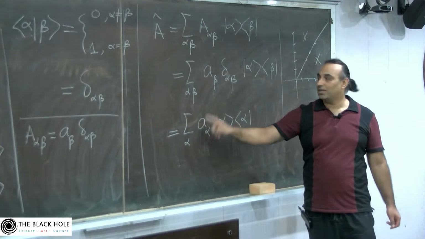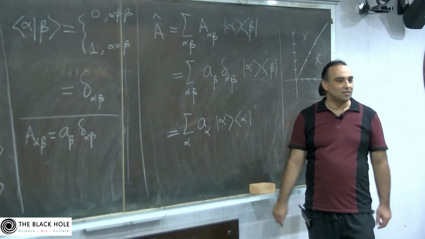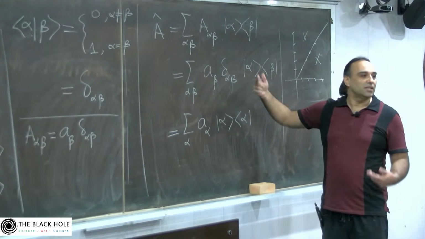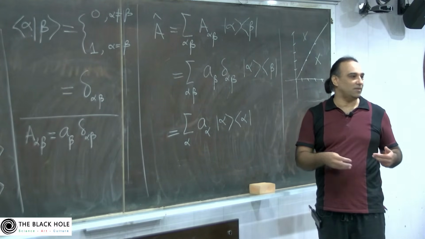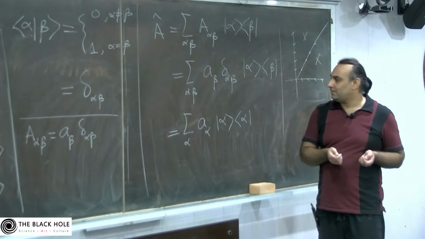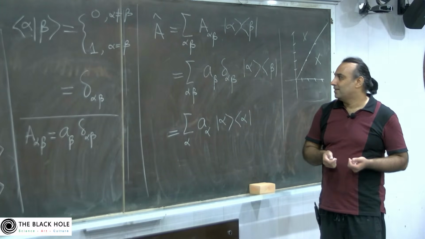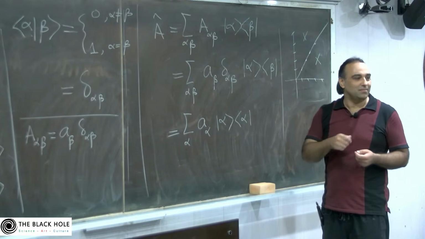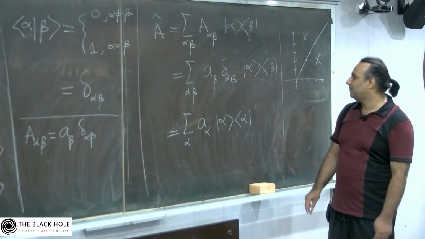So the sum is reduced to 1, the delta is gone, and this beta becomes alpha everywhere. We can make alpha equal to beta as well, but alpha is simpler maybe because it comes first, so we usually use alpha, so it doesn't matter much.